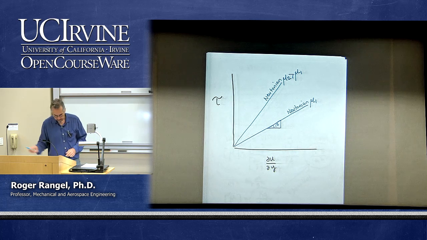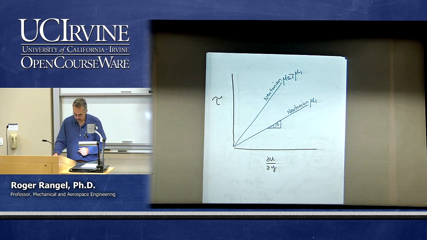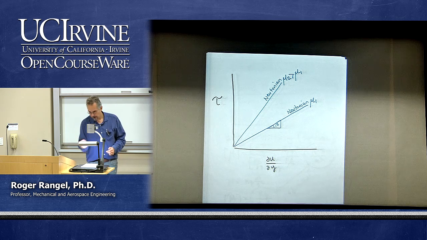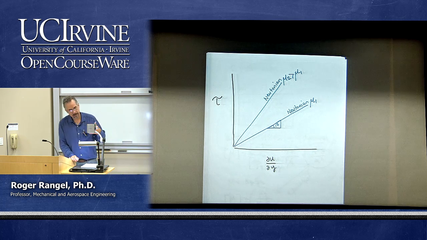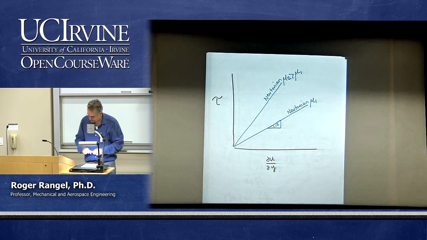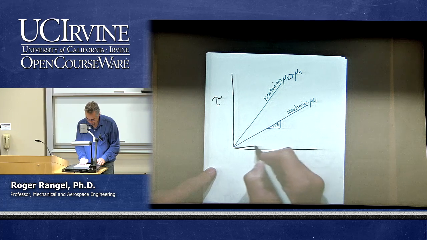But what about something like we saw there, the water mixed with the cornstarch, that when you shear it very rapidly, it seems to behave like a solid. So it seems like it has a higher viscosity when it's sheared more rapidly. So that fluid could be represented by a curve that might look like this.